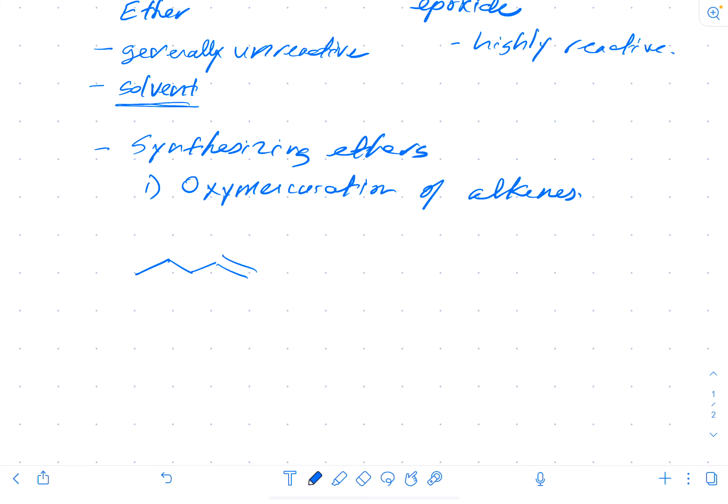Okay? And the most common peroxy acid reagent that we will use is one known as MCPBA. And that stands for metachloroperbenzoic acid. So again, that is abbreviated MCPBA.